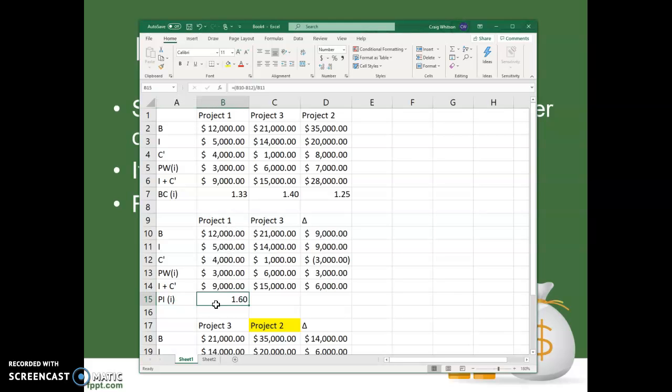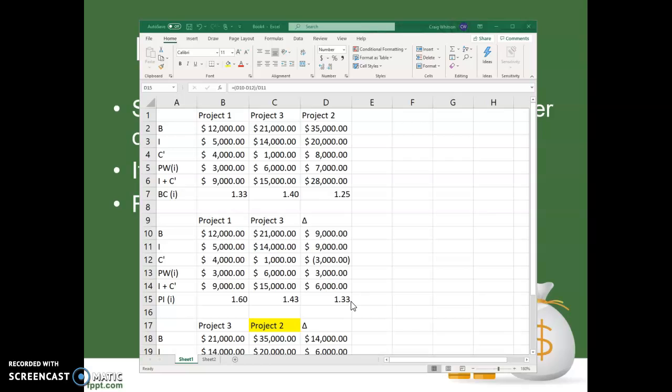So I can see that project 1 has a profitability index of 1.6. Project 3 has a profitability index of 1.43. And the delta, the comparison of the two, has a profitability index of 1.33.